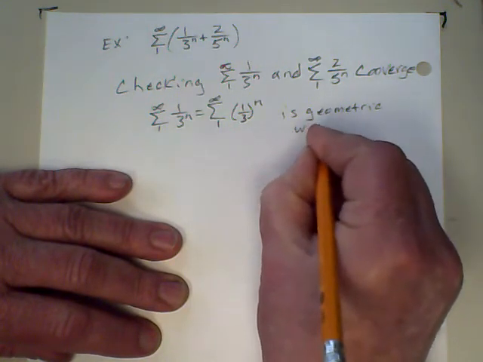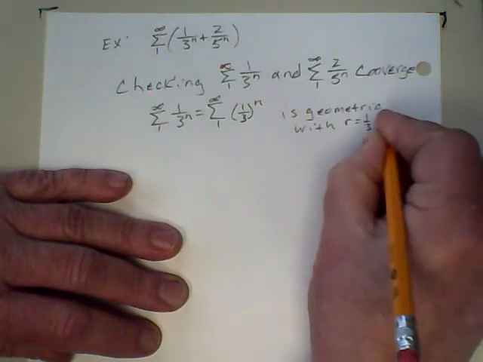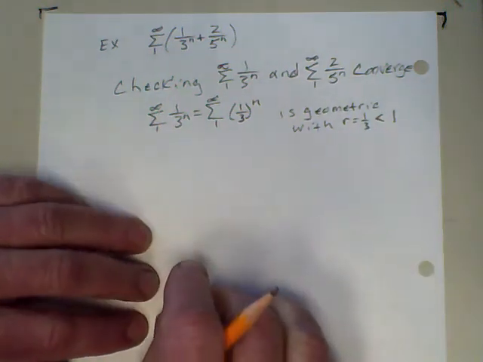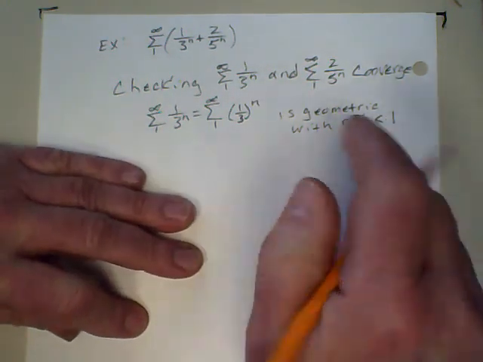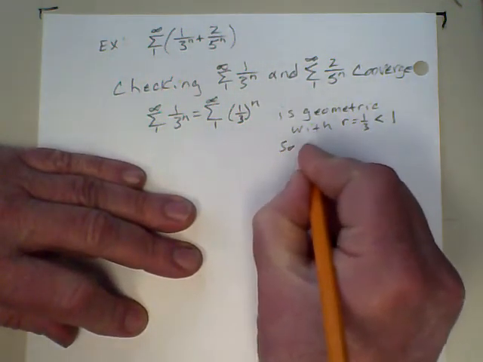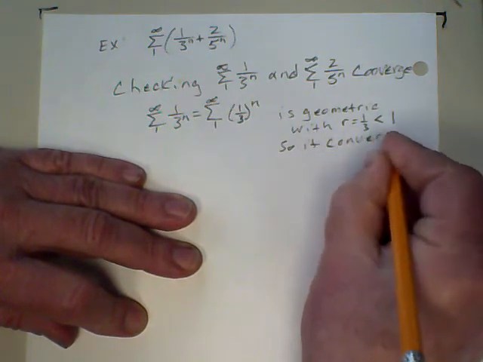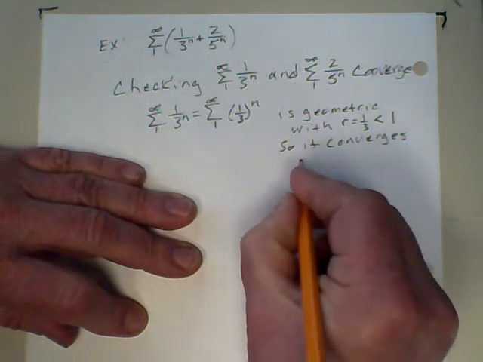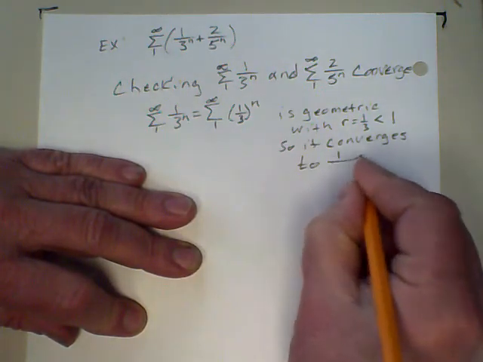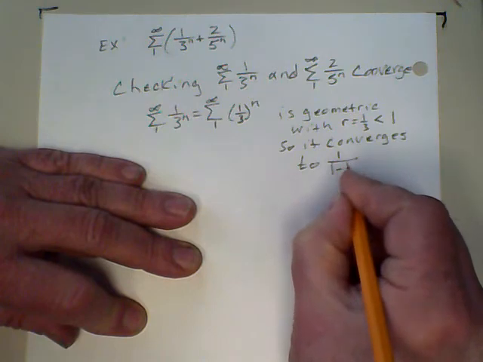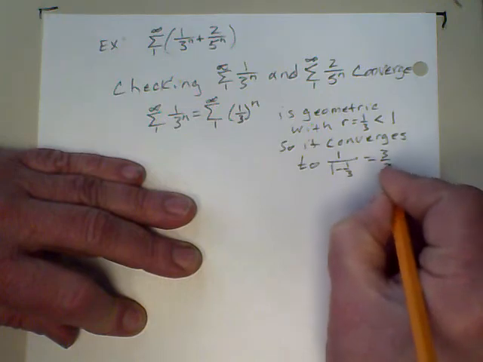With a ratio that is equal to 1/3, which I see is less than 1. And we know that a geometric series with a ratio that's less than 1 converges, so it converges to a, that's a 1 in this example, over 1 minus r, and so that ends up being 3/2.